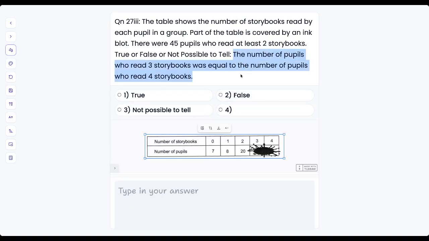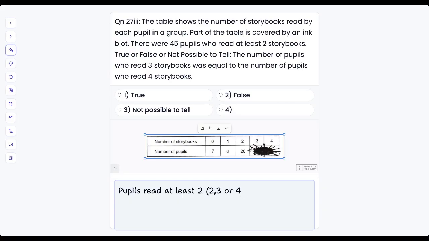The number of pupils who read 3 storybooks was equal to the number of pupils who read 4 storybooks. Okay, so we know that there are 45 pupils who read at least 2 storybooks, which is 2, 3, or 4, equal to 45.